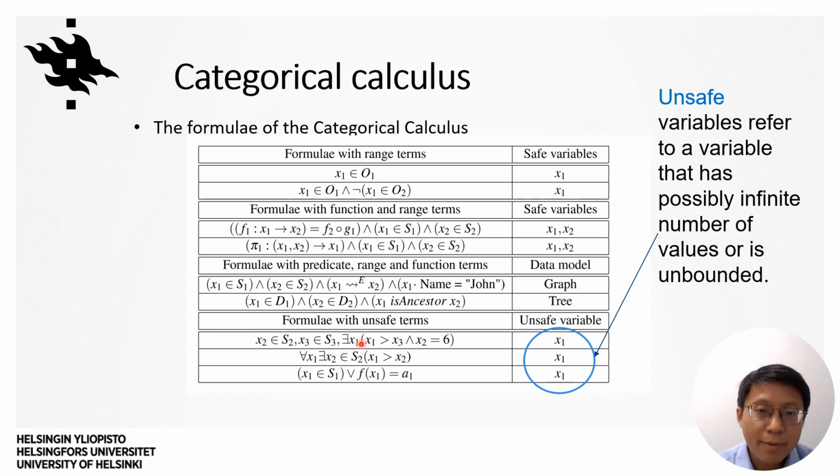However, x1 is an unsafe variable because there's no constraint for the values of x1. So in these three examples, x1 is an unsafe variable. In our definition of category calculus, we only use safe variables.